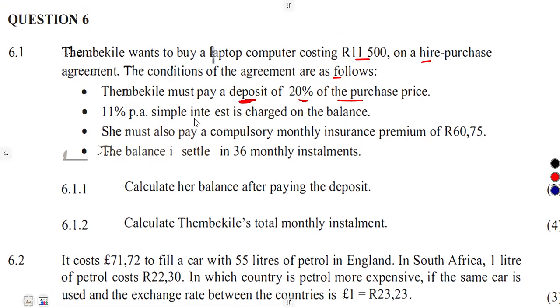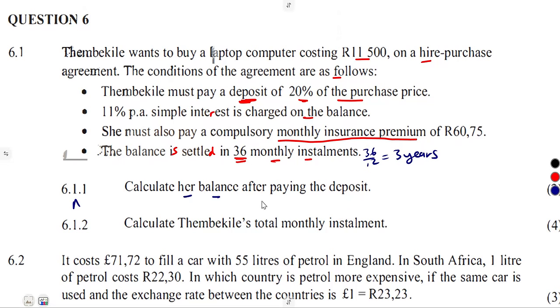Then 11% simple interest is charged on the balance. She also pays a monthly insurance premium. Take note. Then the balance is settled in 36 monthly installments, which is how many years? 3 years. 36 divided by 12, which is 3 years.